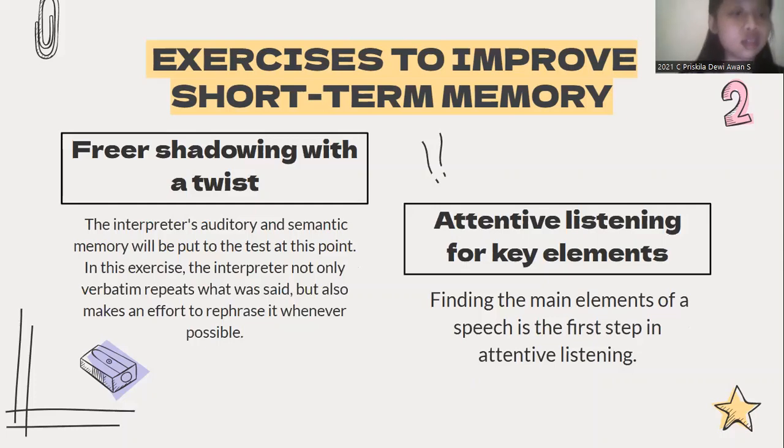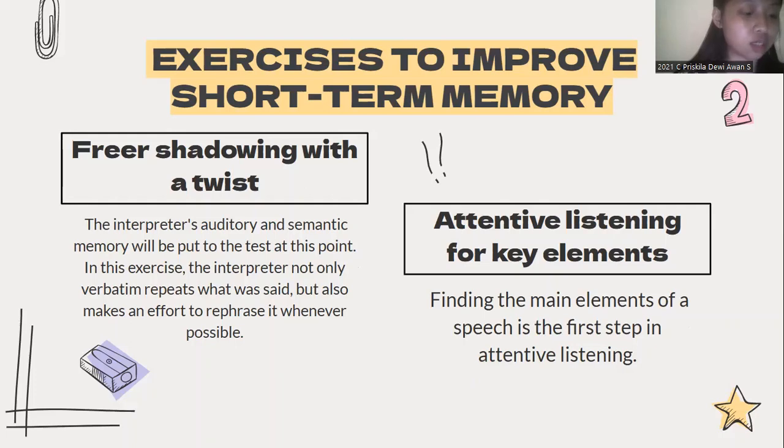The third exercise is free shadowing with a delay. The interpreter's auditory and semantic memory will be put to the test at this point.